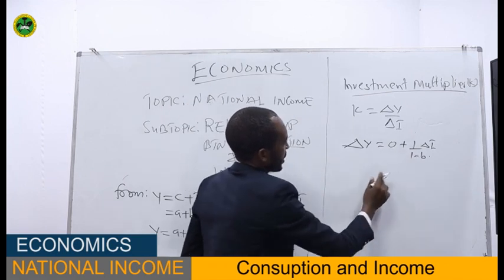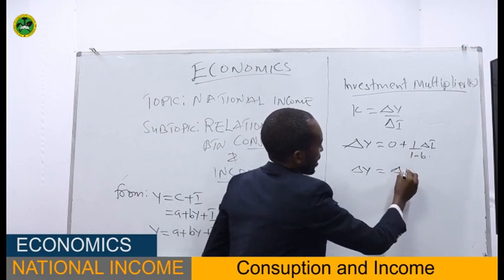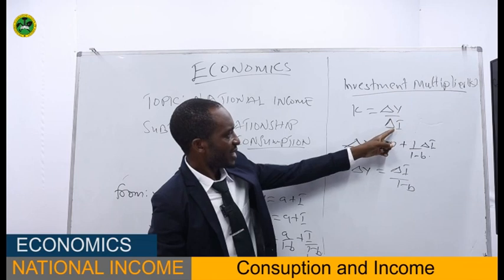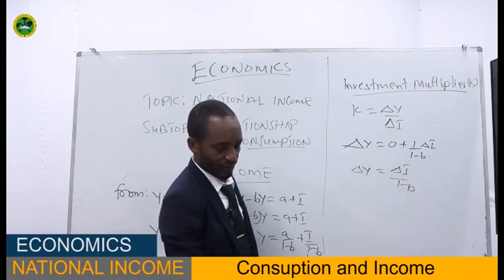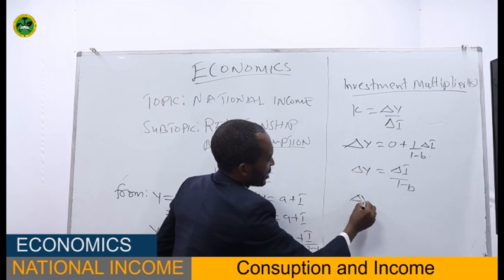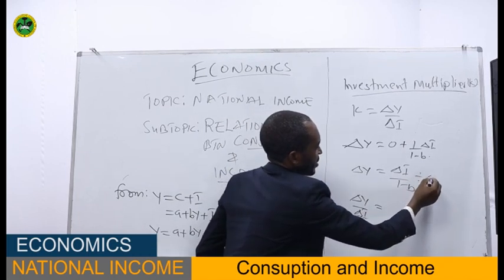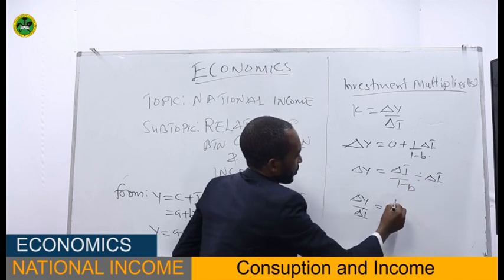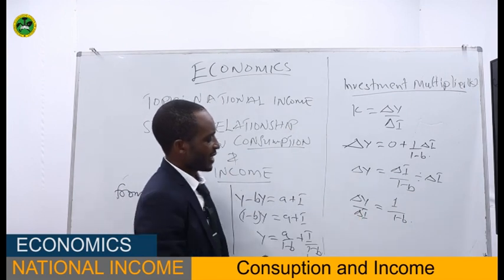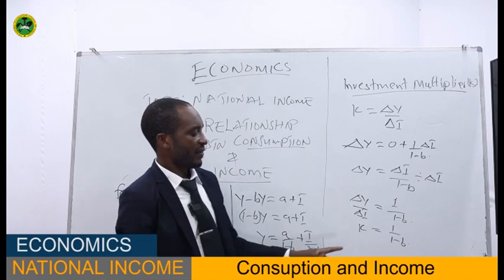So when you multiply, it will be change in Y equals change in I over 1 minus B. Now, in order to get change in Y over change in I, you divide throughout by change in I. So when you divide both sides by change in I, change in Y over change in I will be equal to, this will cancel, remain 1 over 1 minus B. But change in Y over change in I is the same as K. So it will be 1 over 1 minus B, which is the investment multiplier.